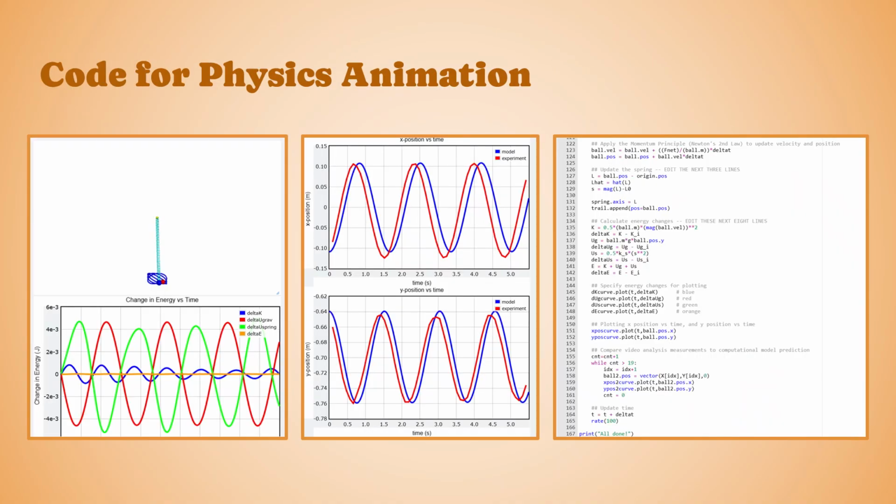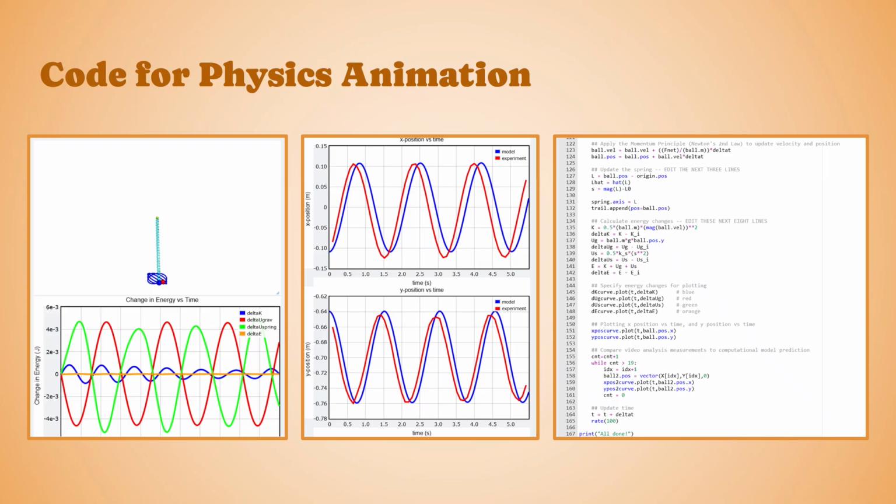Here's my code for my physics animation, as well as the graphs for position over time and energy. As you can see in the position over time graphs for both x position and y position, my experiment, shown in red, closely matched the model, shown in blue, meaning that the experiment mimicked oscillating spring motion.